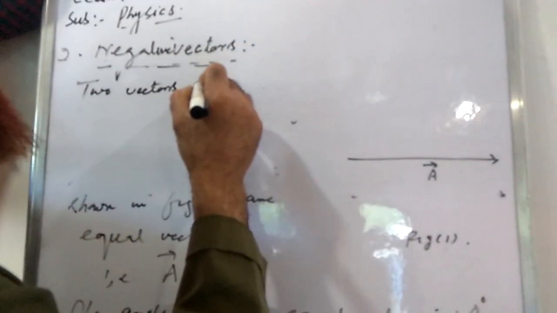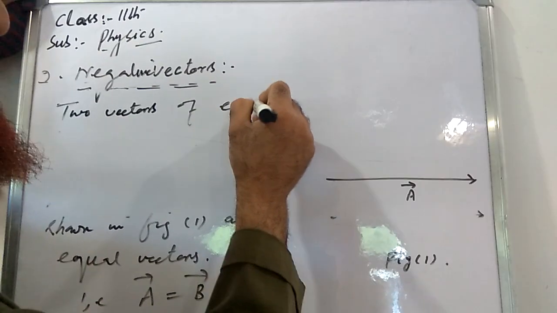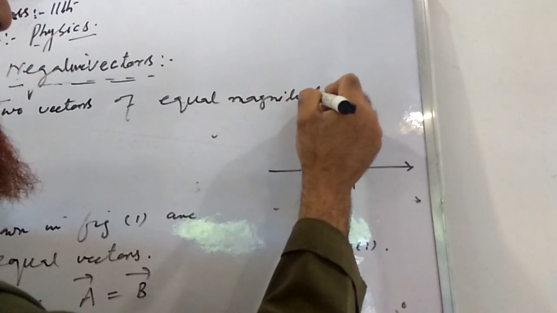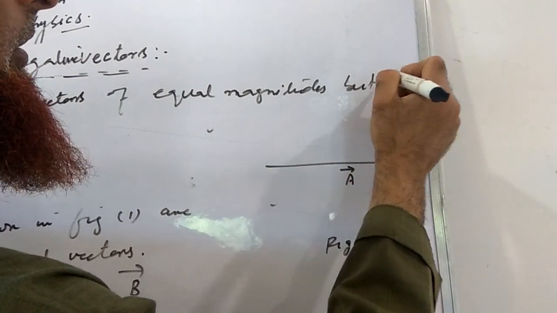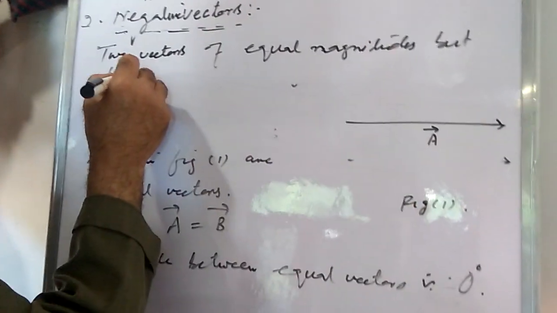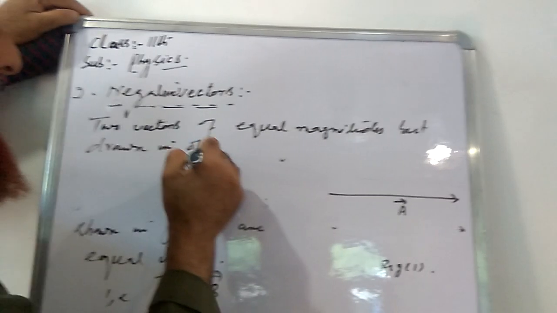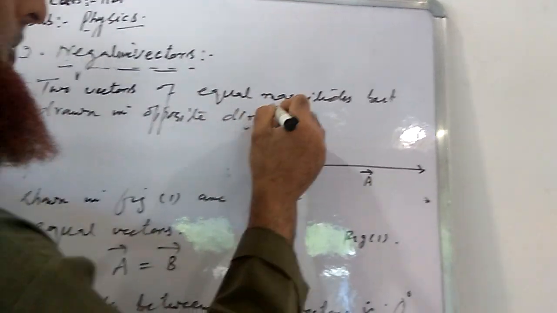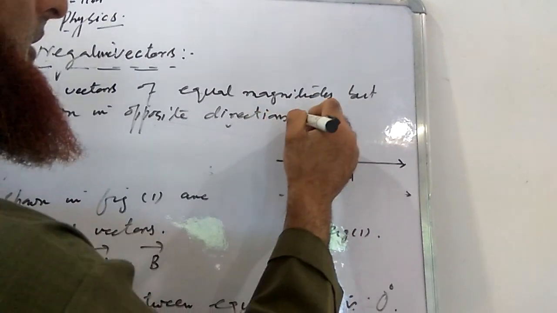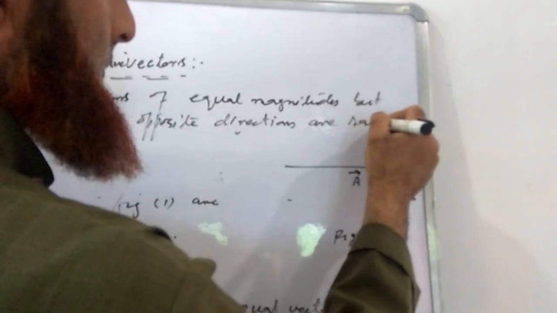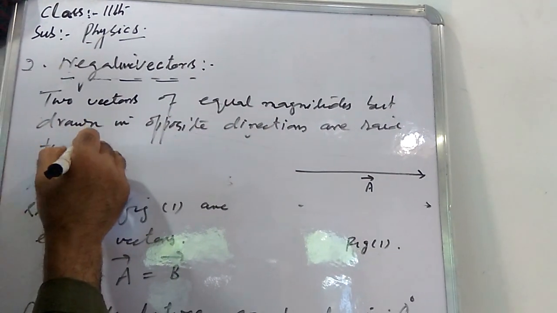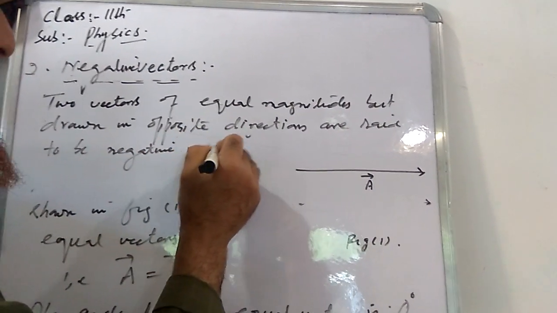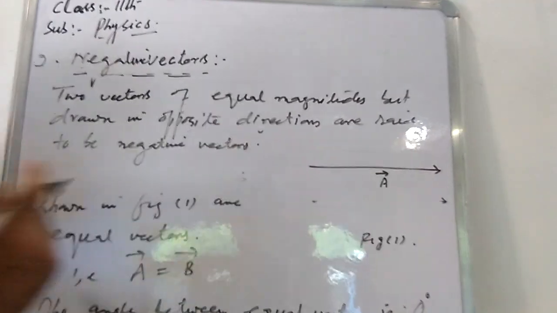Two vectors of equal magnitudes but drawn in opposite directions are said to be negative vectors.